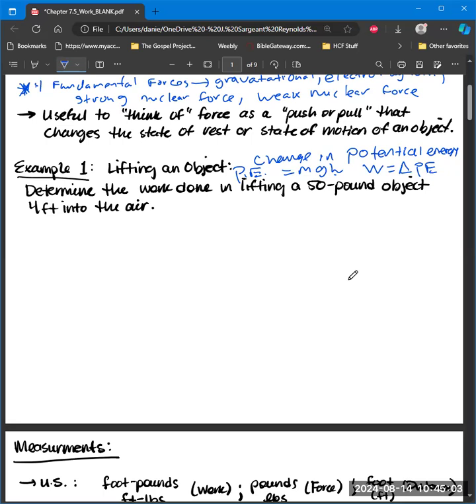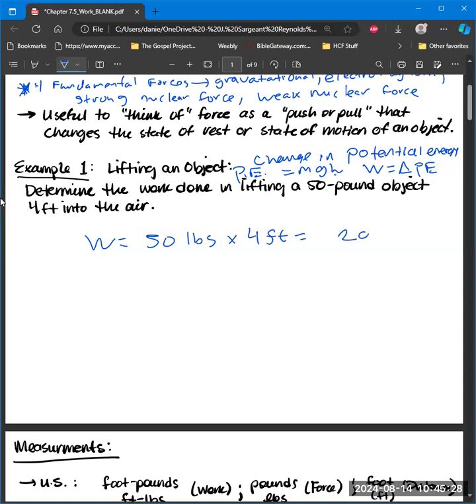So determine the work done in lifting a 50-pound object, that would be its weight mg, 4 feet in the air. So you went from 0 feet to 4 feet. So it gained potential energy. So W is going to be equal to its weight, 50 pounds, times 4 feet.